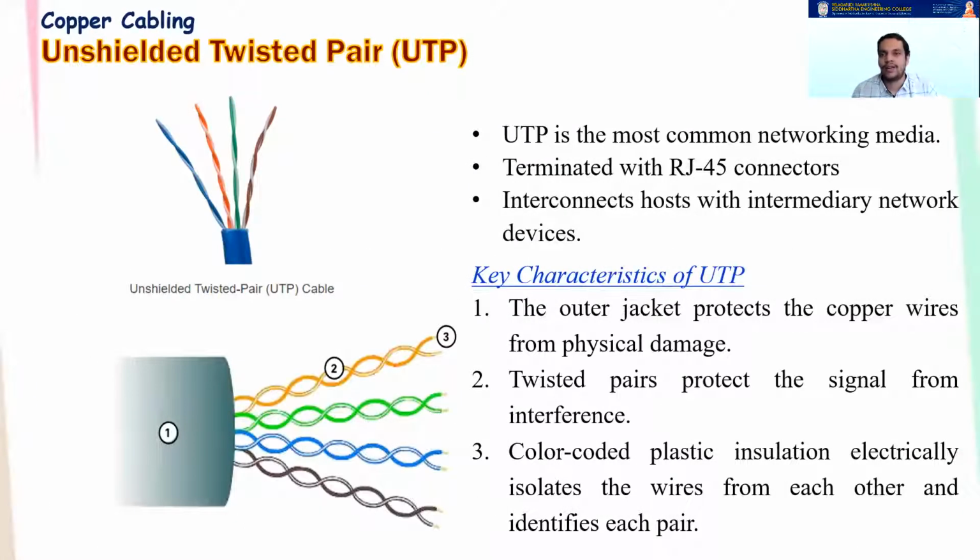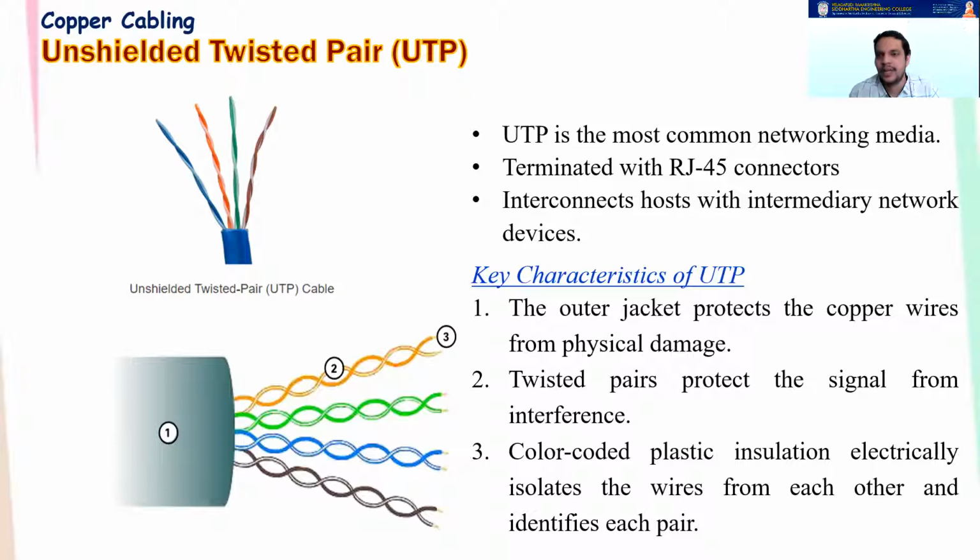This is the most widely used media across the whole world, and it is called UTP. UTP stands for unshielded twisted pair. If you can see the diagram over there, it consists of 8 cables, 4 pairs. Each pair has its own twist length, and it is the most commonly found media across buildings, offices, or even schools, hospitals, anywhere you go.